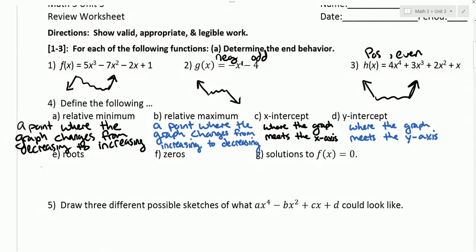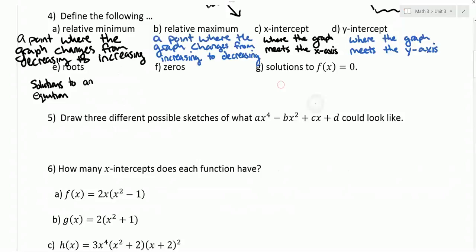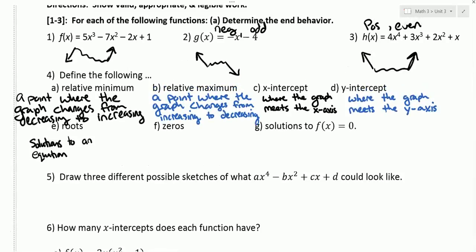Roots are solutions to an equation. I'm sorry.